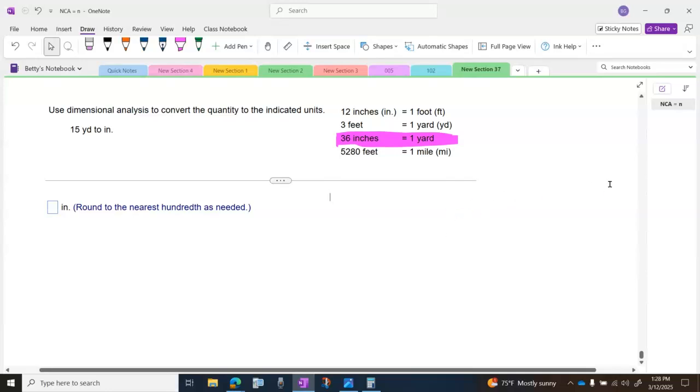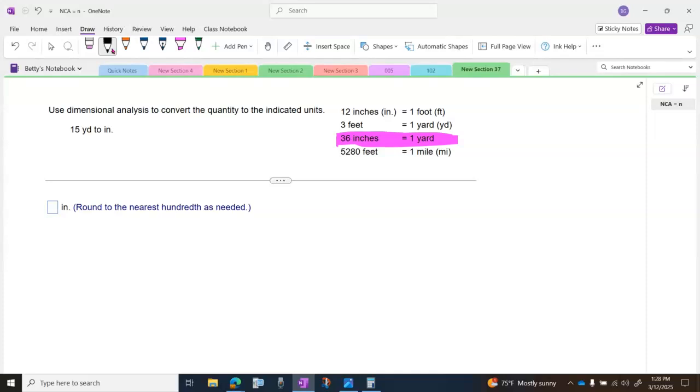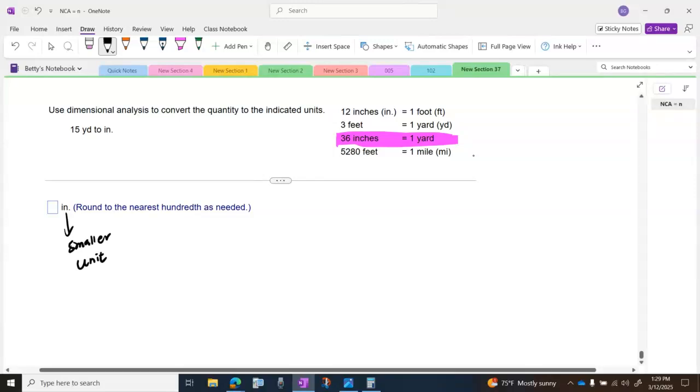If you have a good idea about inch and yard, you know how big a yard is. 3 feet make a yard, and an inch is very little, very short. Inch is a smaller unit compared with yard.